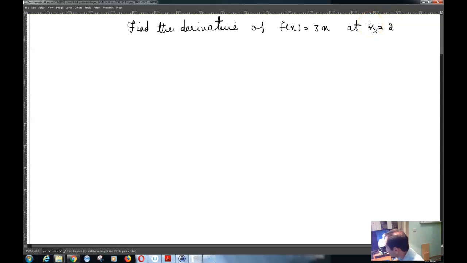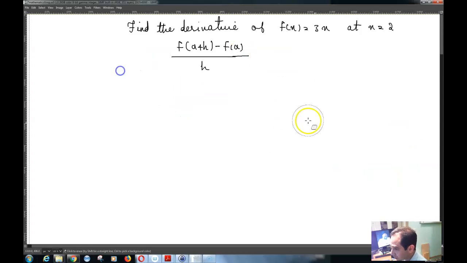So we said that f prime of a is equal to f of a plus h minus f of a over h. Of course, it has to be the limit of this as h tends to 0, and that is equal to f prime of a.